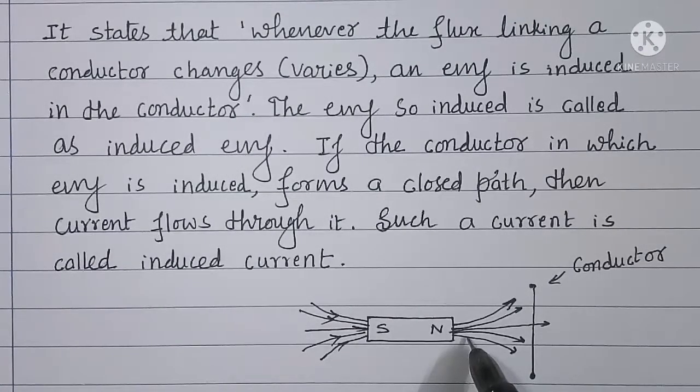And if we have an electromagnet, in that case, keeping the conductor fixed and electromagnet fixed, only by varying the current through the coil of electromagnet, because we know that the flux produced by the electromagnet is directly proportional to the current flowing through the coil of electromagnet.